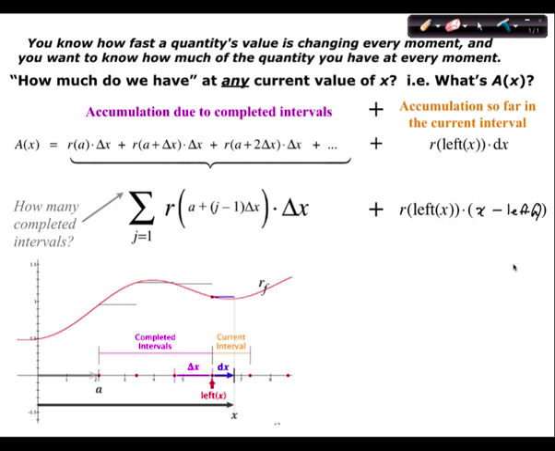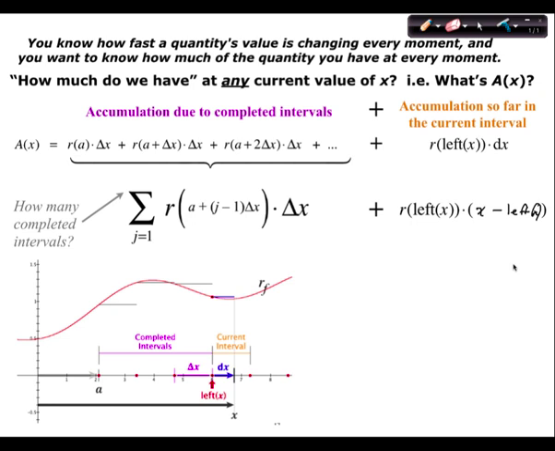You have to distinguish between x values, 1, 2, 3, 4, 5, 6, and counting intervals: first interval, second interval, third interval, fourth interval. That's what j does. Those are two totally different things, right? x and the number of intervals are on the same scale, kind of, but they're different.